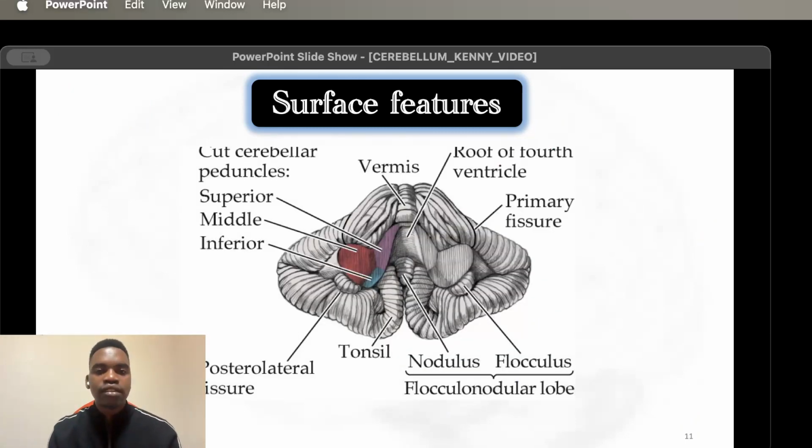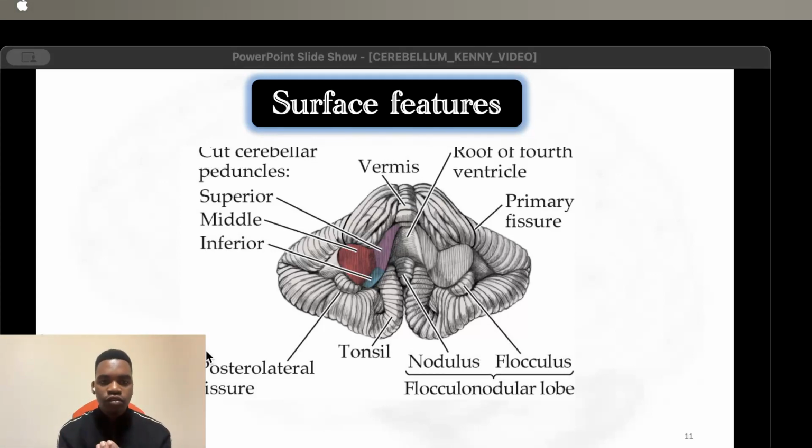They are not connected together, but they are functionally connected. So it turned out that they perform something which is common for both of them. That's why they decided to make it a third lobe. So flocculus and the nodulus together form the flocculonodular lobe as the third lobe of the cerebellum.